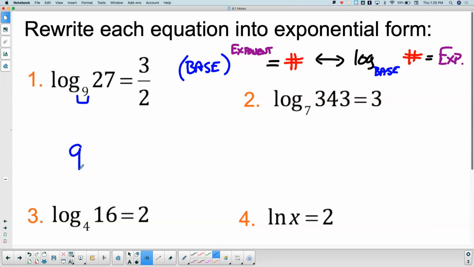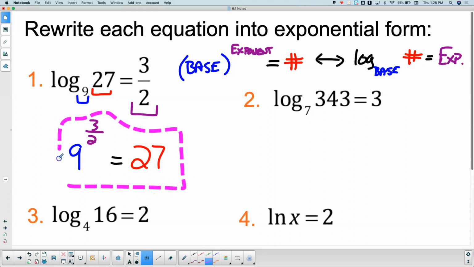I'm going to look for my exponent next. In logarithmic form, my exponent comes over here. That's going to be to the 3/2 power. Then I'm going to look for my number. That's right there. So this same equation written in exponential form is 9 to the 3/2 power equals 27.